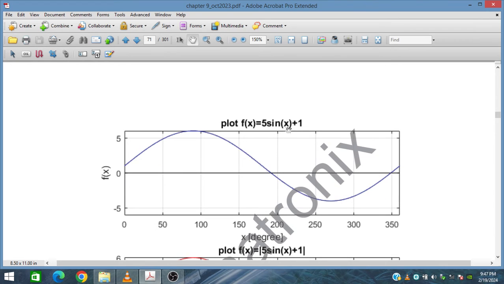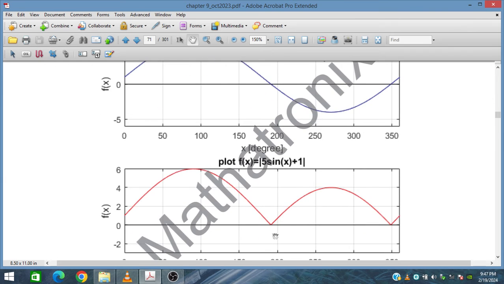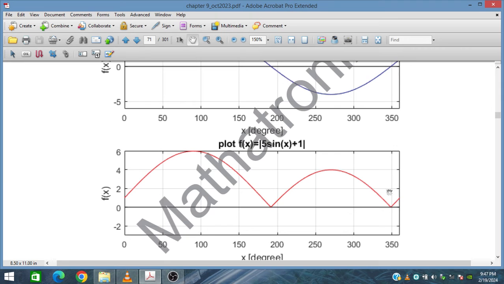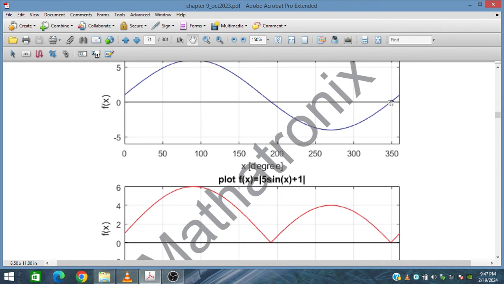Similarly for 5 sin x plus 1, this is the value. Here we have 6 and here we have minus 4. But for the modulus case, this becomes positive, from here to here. This is already positive.